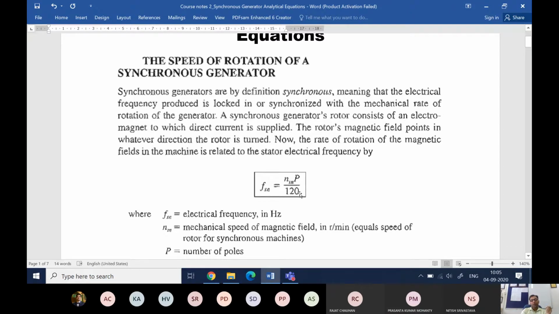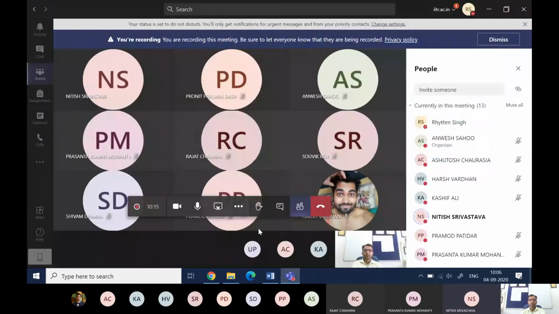So can someone tell me why it is, as it says here, that the mechanical speed of the magnetic field is the same as the speed of the rotor? Why is that statement true for a synchronous generator? Because that's what a synchronous generator is.